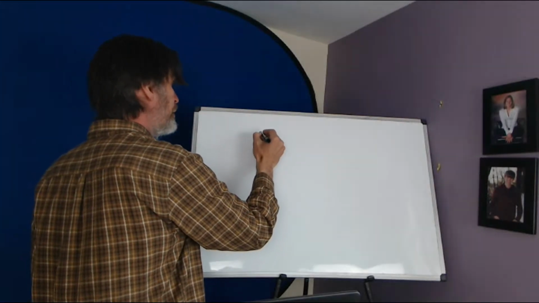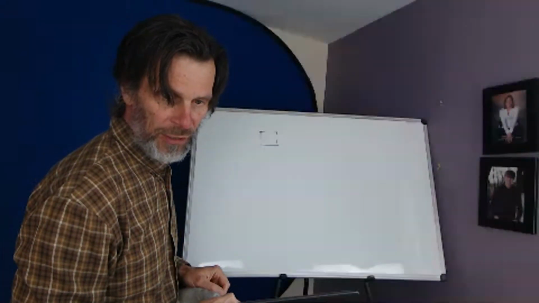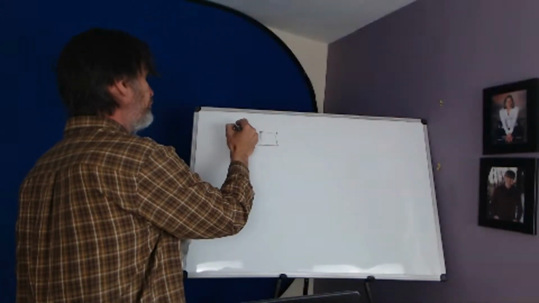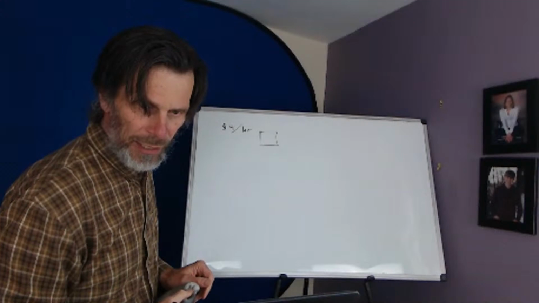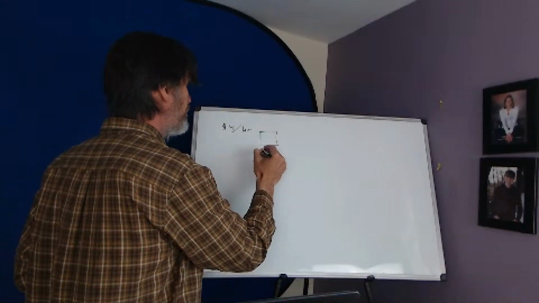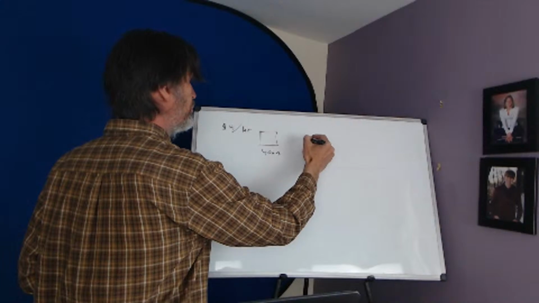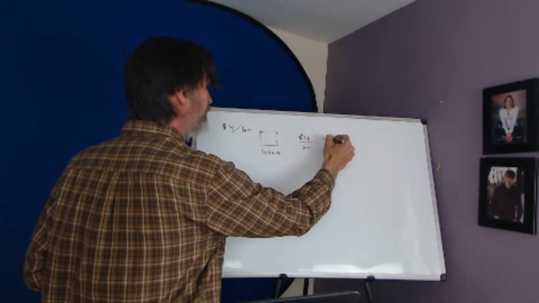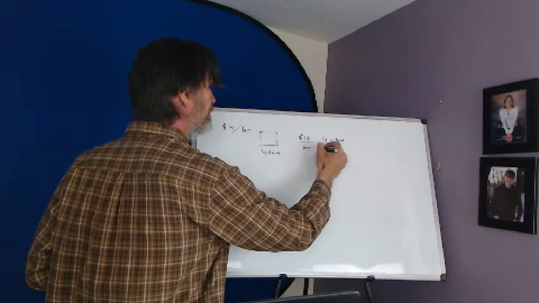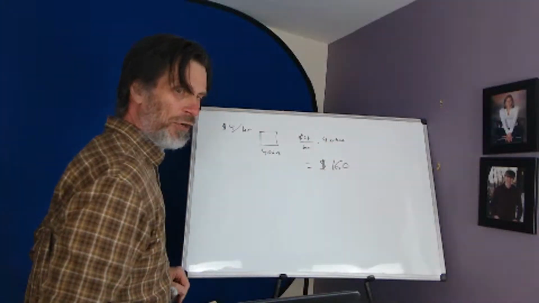So if you were to look at one little square under the curve, it looks like it's $4 per hour in height, and it looks like it's 40 hours wide. So multiply those two together, $4 per hour, multiplied by 40 hours. Each of those would be $160 of earnings.